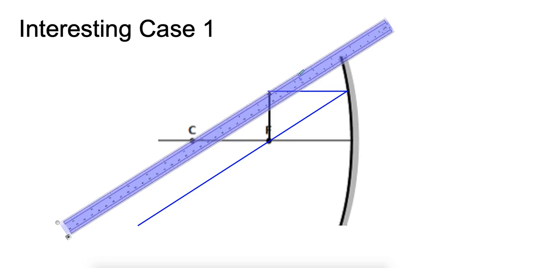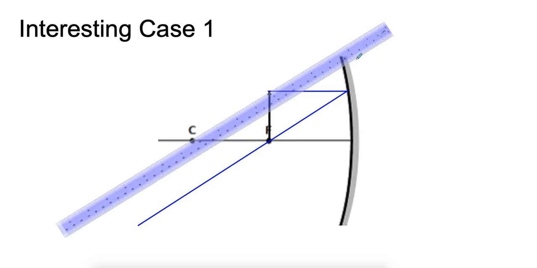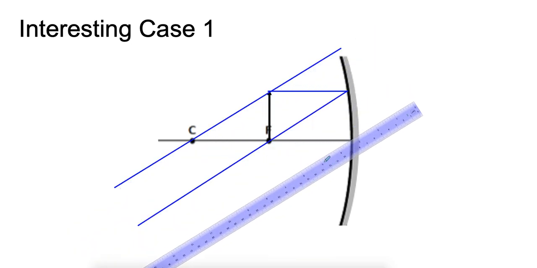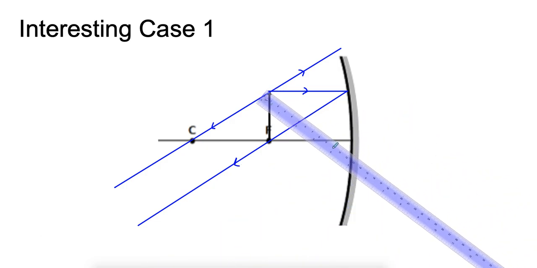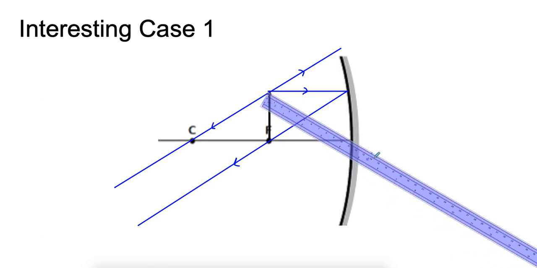Now you'll notice that in this drawing in particular our ray doesn't hit the mirror, but this is what would happen. It would go that way and then travel through here, and this one will go this way and travel through here. And now there's one more that we can do. As stated earlier in the video, we can simply go through the center as long as you know what the angle is.